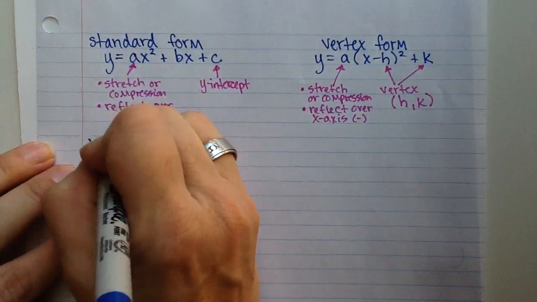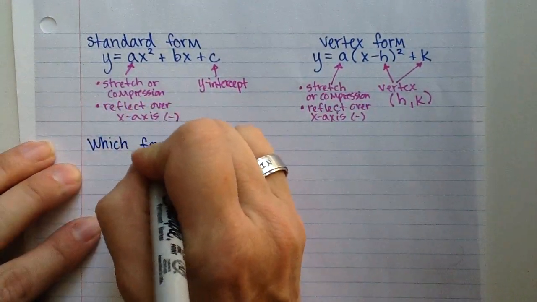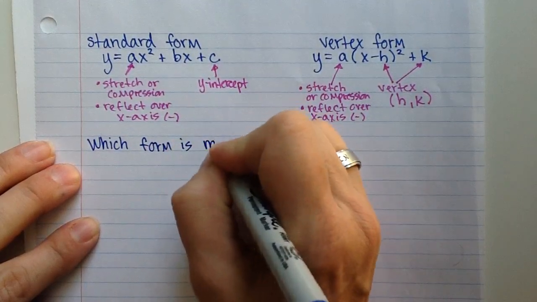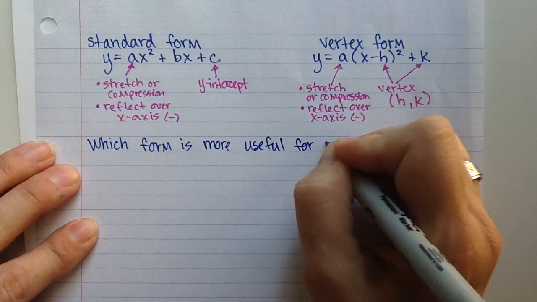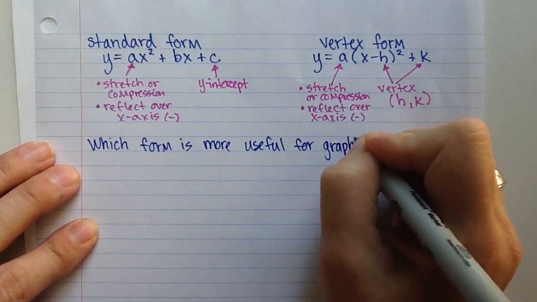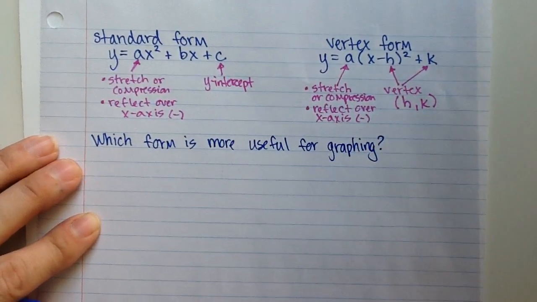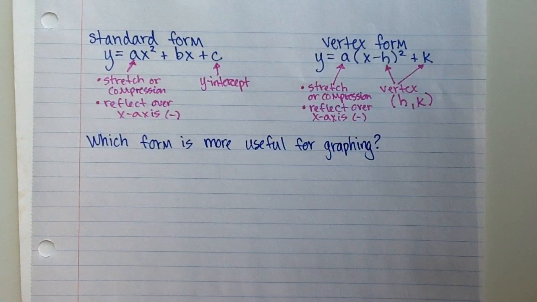So think about that for a second. Which form would be more useful for graphing? Remember that in order to graph these parabolas, we're going to use the growing pattern and then multiply it by the stretch or compression.